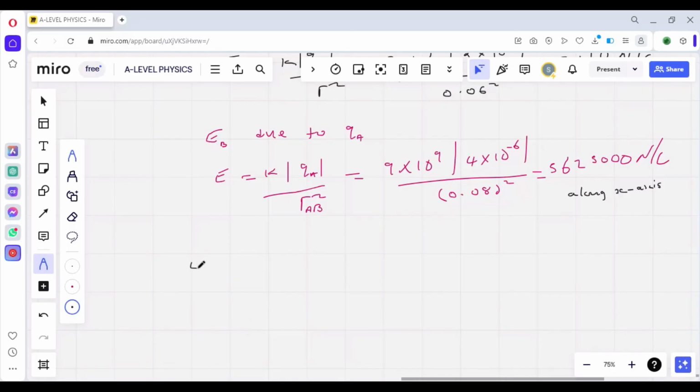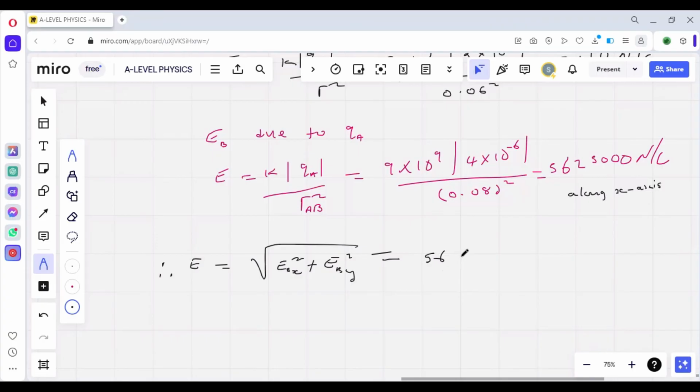Therefore E is equal to the square root of the field at B in the x-axis squared plus the field at B in the y-axis squared.